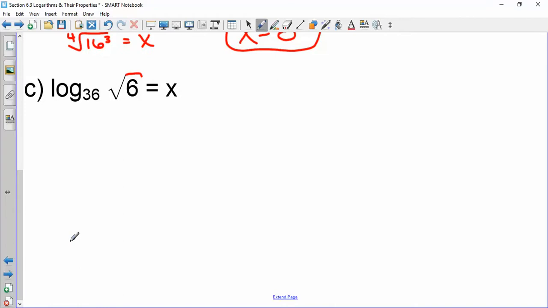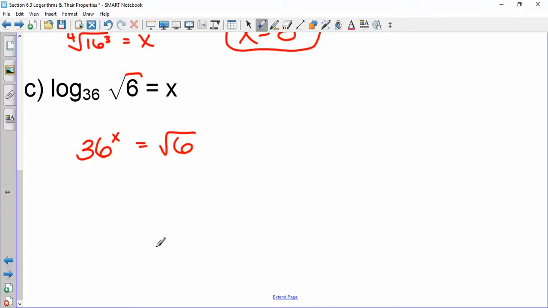Log base 36 of the square root of 6 equals x. So what would this be in exponential form? Okay, this is like a test question.